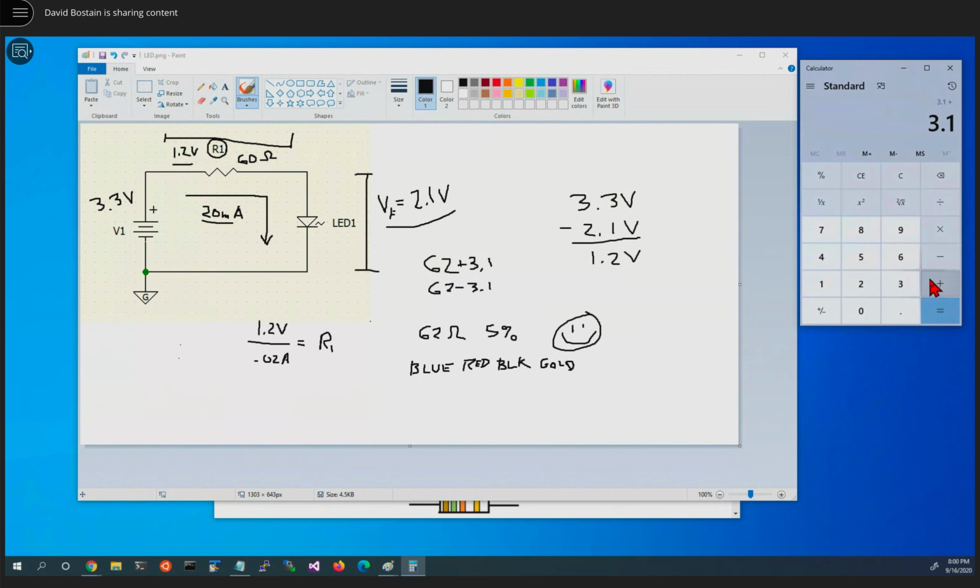Okay, so add 62 plus 3.1, it equals 65.1. Remember, this is ohms. That's the maximum value it can be. And then we can also take 62 and subtract 3.1. That's going to be 58.9.